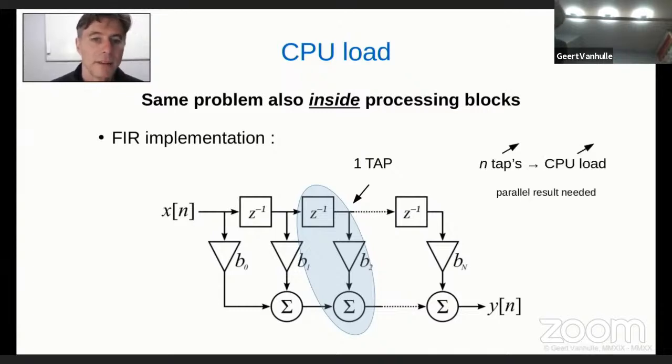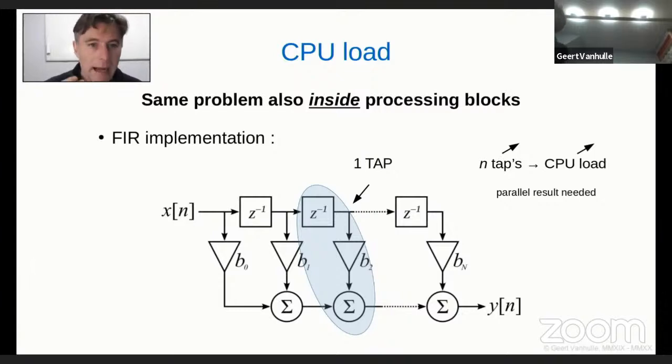So as the number of taps in a filter increases, it also increases the CPU load. Because if you have 4 taps, well, the last tap can only calculate if the previous ones have the result shifted into it. So we need a kind of parallel processing here to make this FIR filter work.